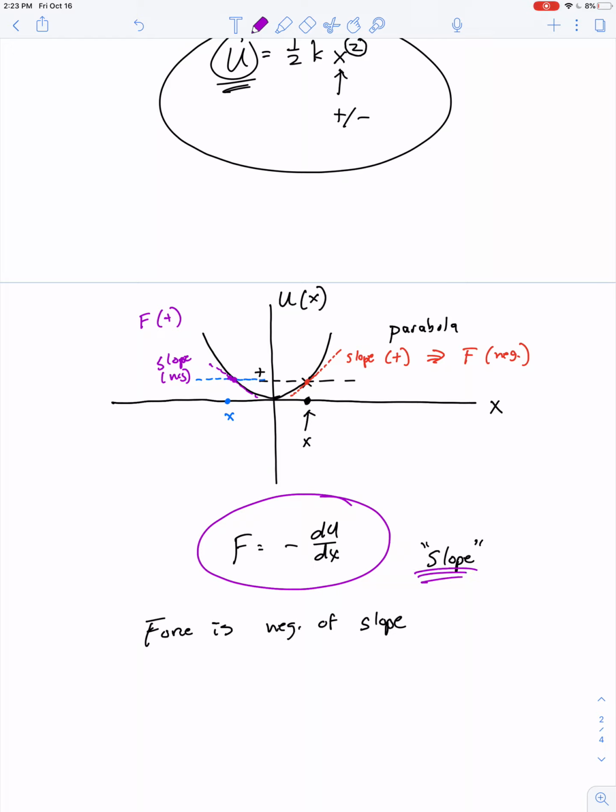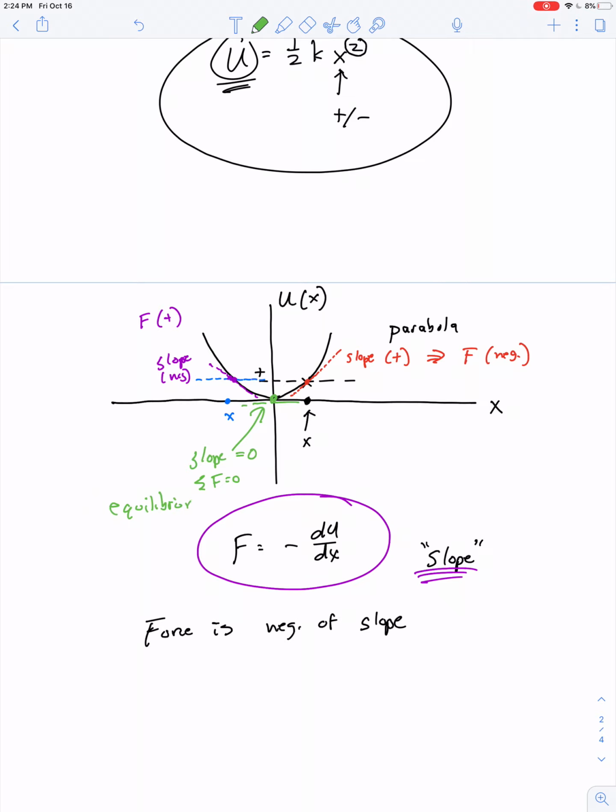So what does that imply about this point right here? Well, at that point, the slope of a tangent line is equal to 0, which means the net force is equal to 0, which means that is the point of equilibrium.